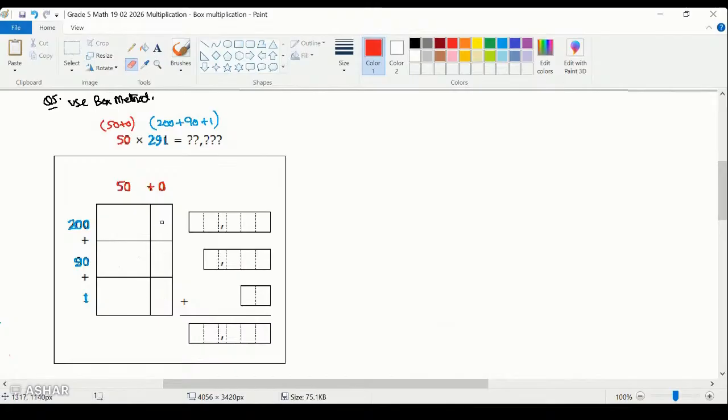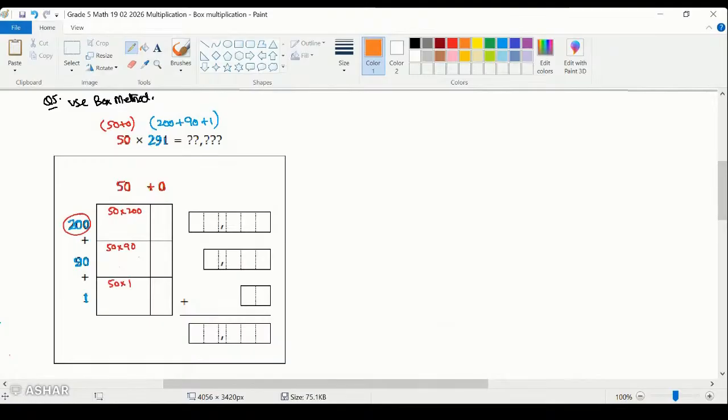What is happening for the first value is this 50 is multiplied by the first number, that is 200. Then 50 is multiplied by 90, and then 50 is multiplied by 1.